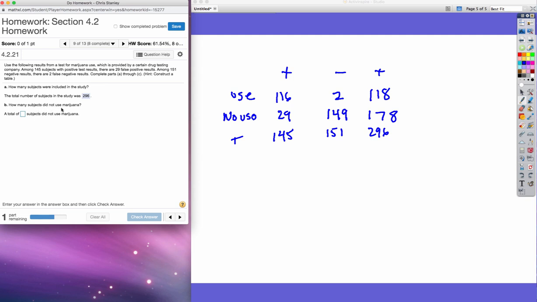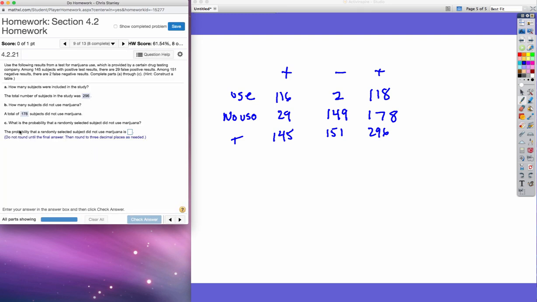How many subjects did not use marijuana? Okay, here's no use. I got 178. So once you get the table set up, you could go pretty fast. What is the probability of selecting somebody who did not use marijuana? Selected did not use marijuana. No use. It's that divided by that.